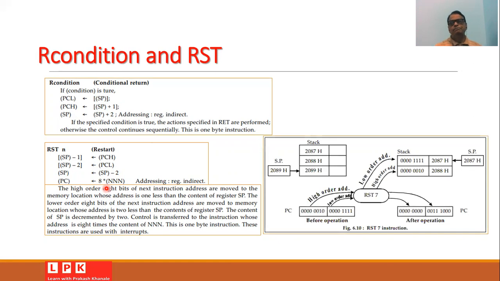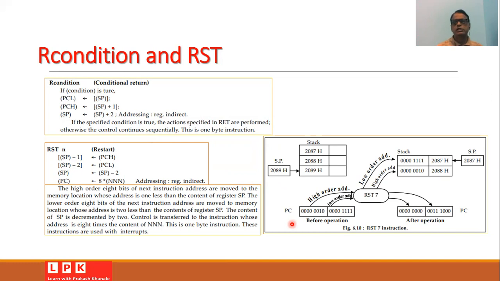Say for example, we have been given the content of the stack pointer as 2089H. This is a hexadecimal number. And suppose the stack has the locations 2087, 2088, and 2089. And suppose the PC initially contains 0000 0010 0000 1111.